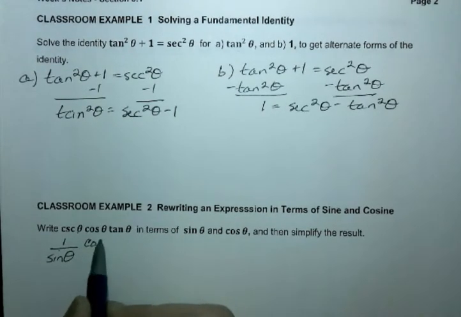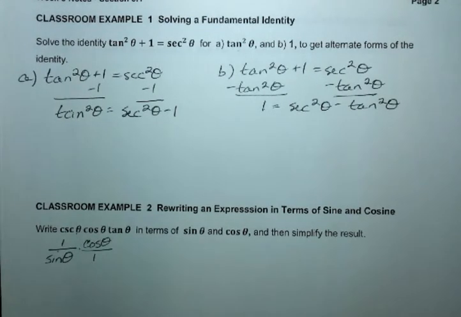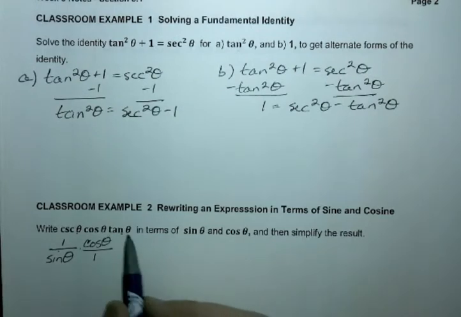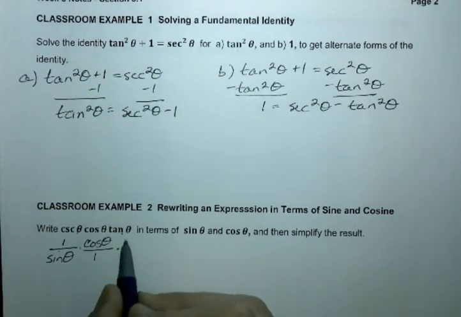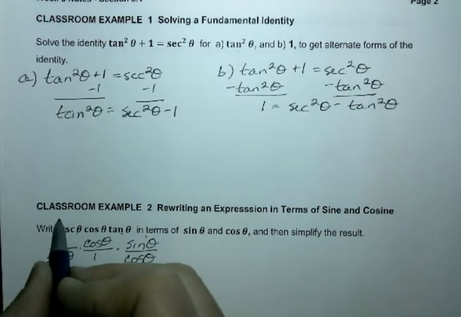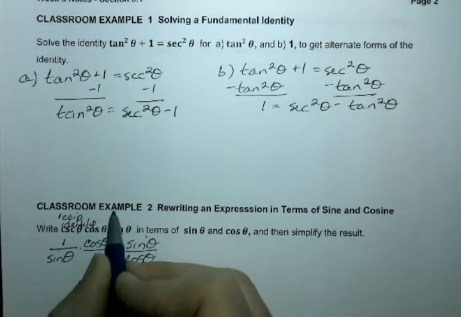Cosine of theta, I'm writing it over 1 because we're going to end up with 3 different expressions that we're multiplying together. And tangent of theta, to rewrite that one, we would use a quotient identity. That says that tangent of theta is the same as sine theta over cosine theta. So for this one, I used the reciprocal identity. For this one, I used a quotient identity.